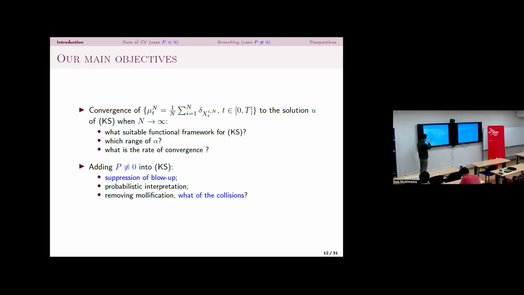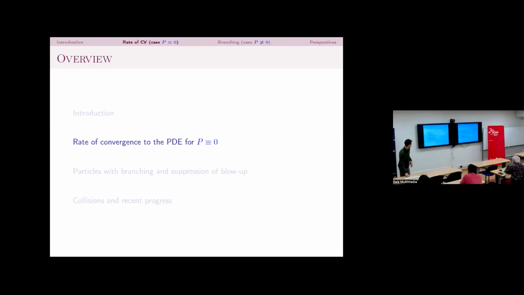And the second part will be about suppression of blow-ups. We'll add this P of u term in the PDE, and I will try to interpret it also in terms of particles, and give you results about the fact that there is no blow-up anymore in certain cases. All good? Mm-hmm.